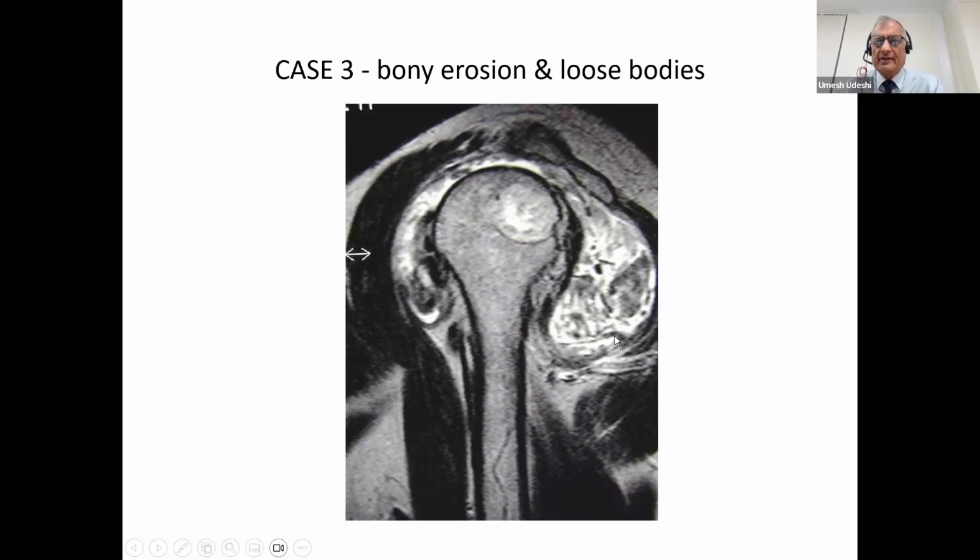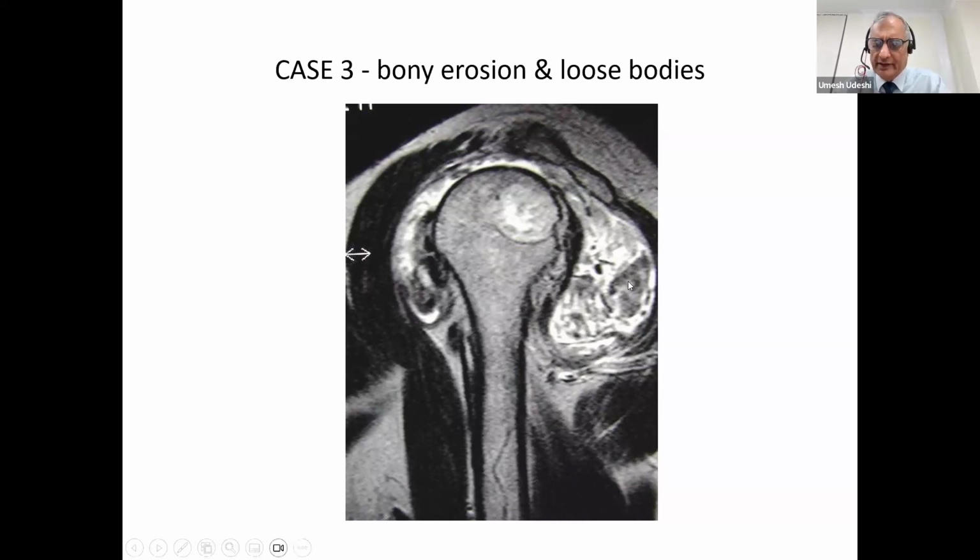So what happens is the synovium hypertrophies and thickens in a very excessive way, and then it forms little villi, pseudovilli, and then because it's so profuse, it runs out of blood supply, and those little tips of the synovium, the villi, necrose and fall off and become loose bodies in the joint.